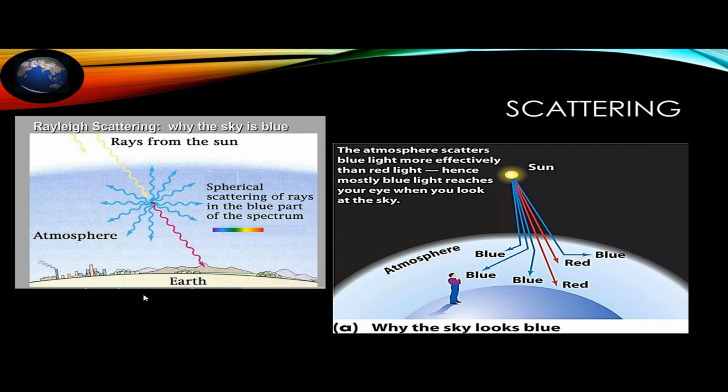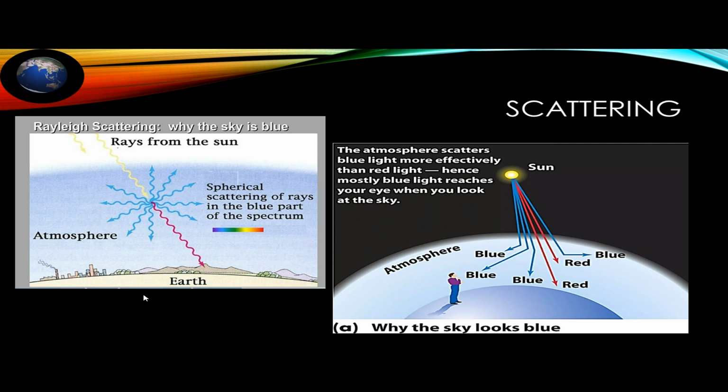So do you know why the sky appears blue in the daytime? Rayleigh scattering explains why the sky is blue. When the rays from the sun come through the atmosphere to the earth's surface, what is happening? Spherical scattering of rays in the blue part of the spectrum.